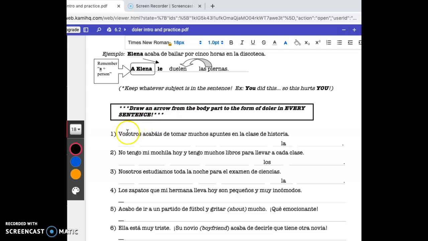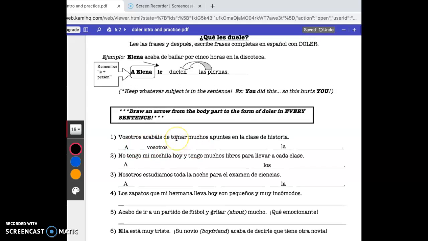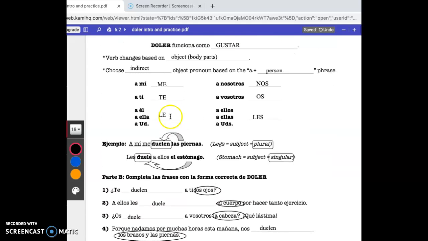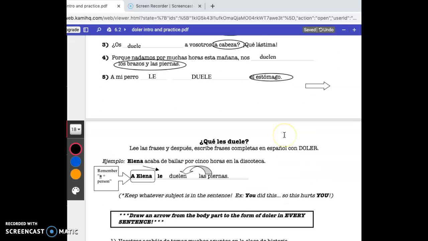So as you take a look at número uno, you guys just took lots of notes in history class. So every sentence will start off with the a plus a person. So who are we talking about? Here we're talking about vosotros. We have to figure out what pronoun goes with a vosotros. So I look back here and I see a vosotros goes with os.